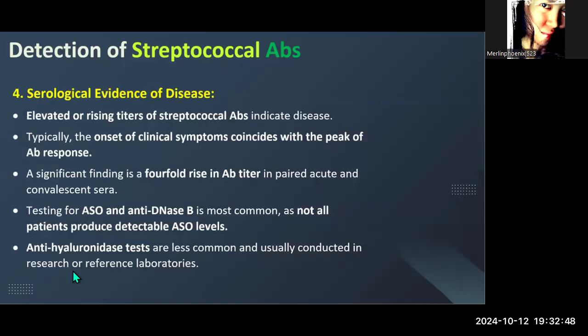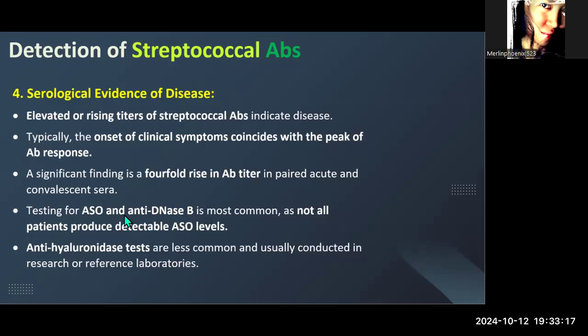So for the serological evidence of disease, elevated or rising titers of streptococcal antibodies indicate disease, with the onset of clinical symptoms typically coinciding with a peak antibody response. A significant finding is a fourfold increase in antibody titer between paired acute and convalescent sera.